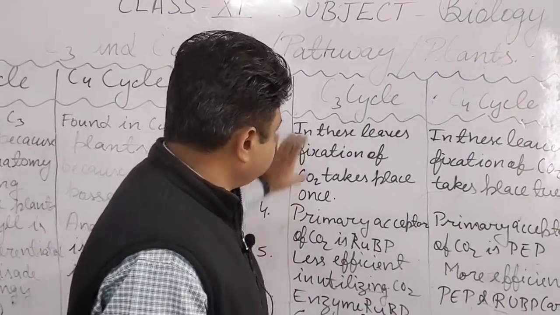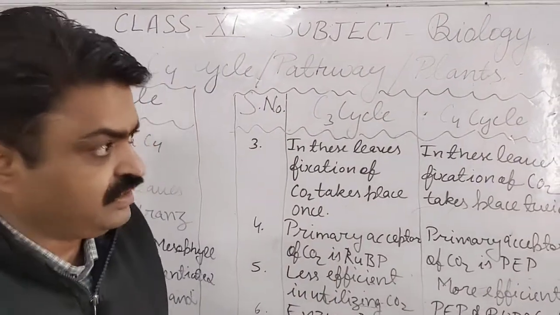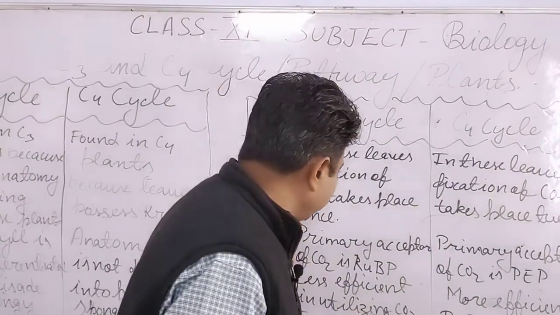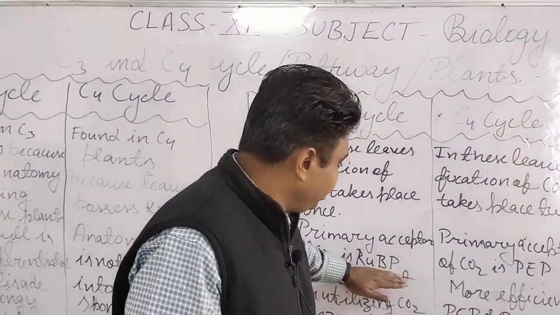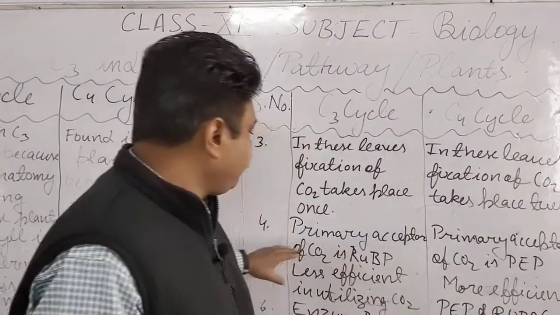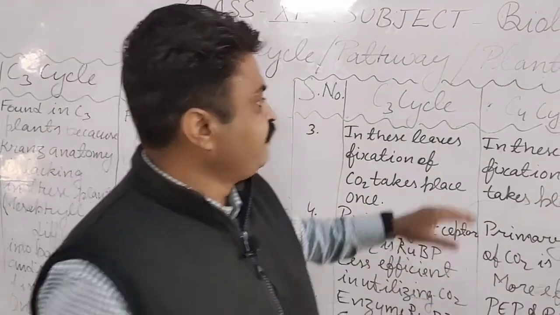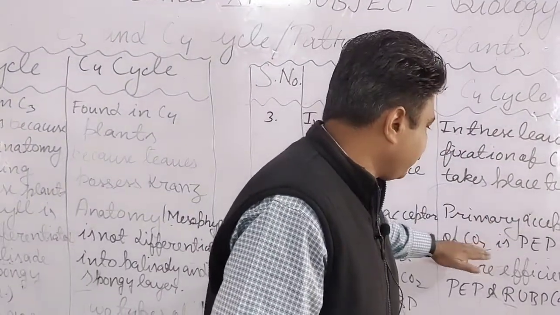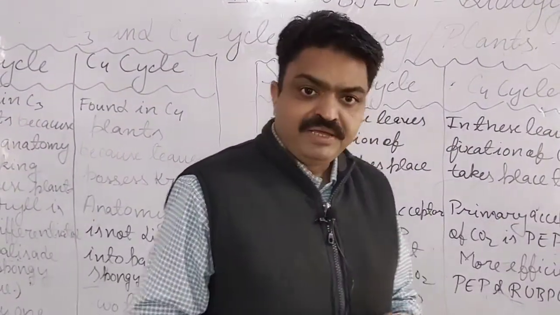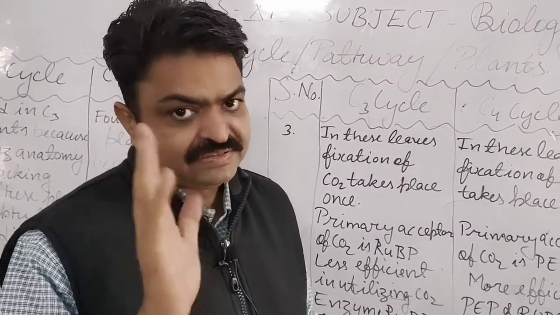In the C3 cycle, or in C3 plants, the primary acceptor of CO2 is ribulose bisphosphate. But in C4 plants or the C4 cycle, the primary acceptor of CO2 is PEP, that is phosphoenol pyruvic acid.